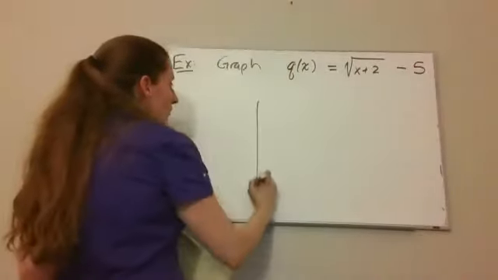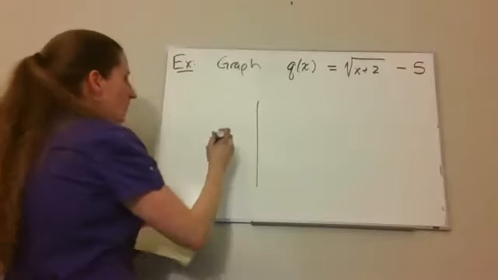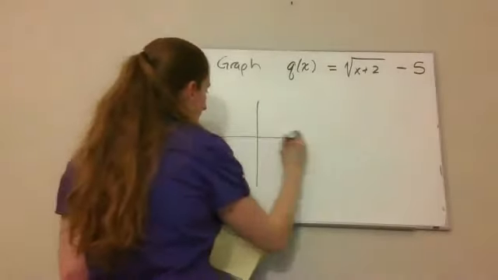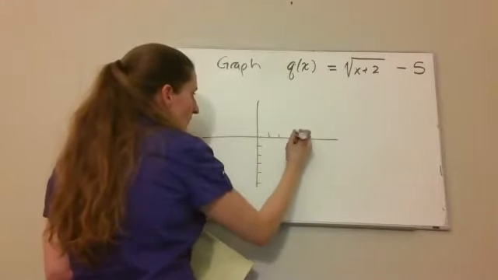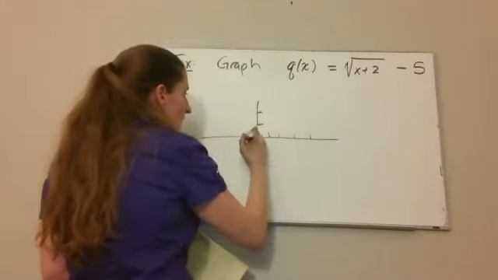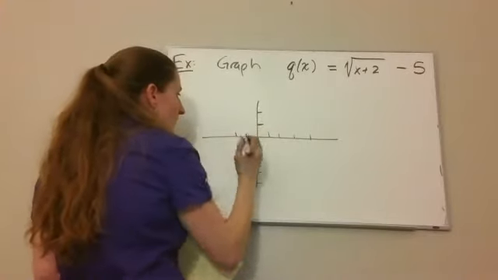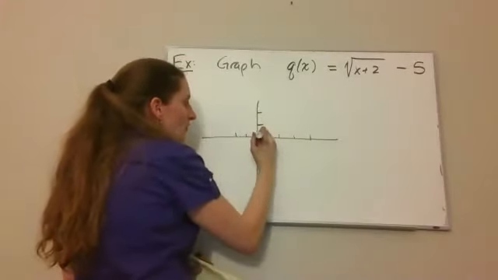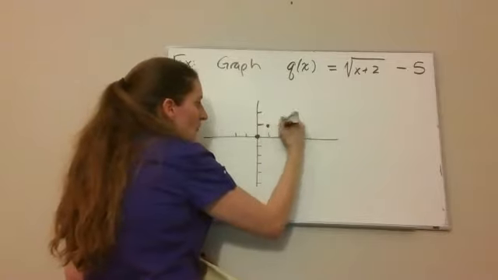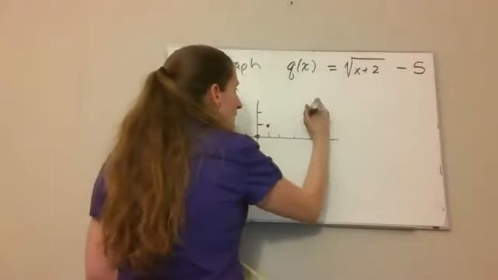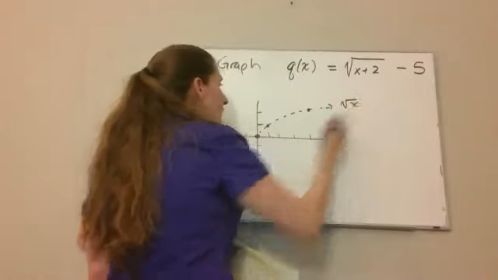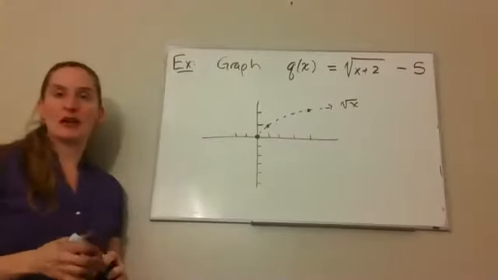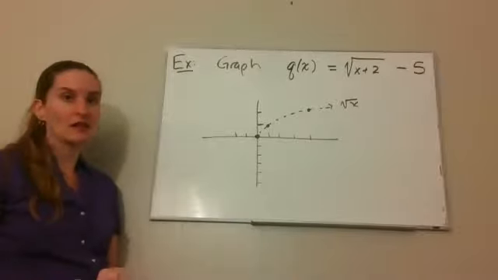So I know I'm going to deal with my square root graph. So let me first put my square root on here. There's my square root of x. And now we just have to figure out what kind of translations these are.